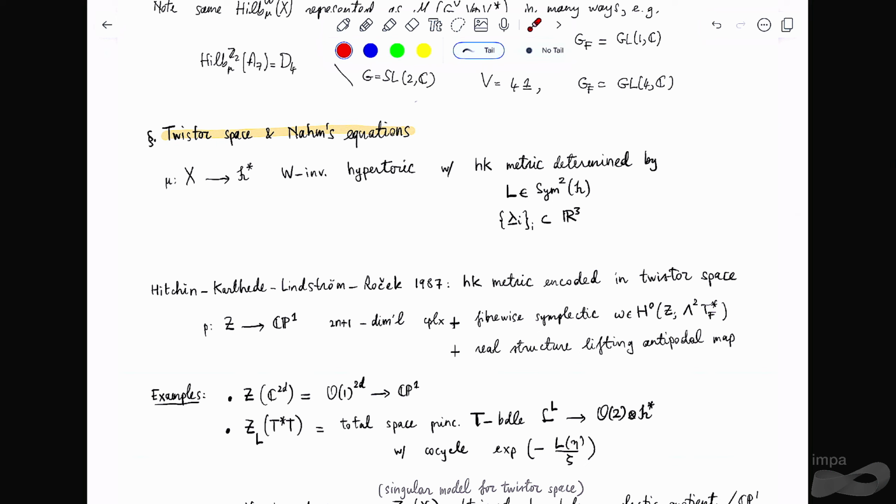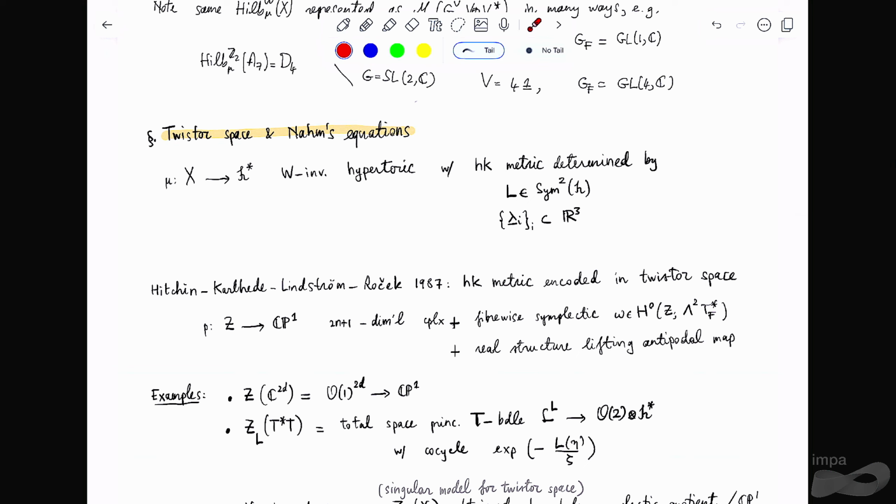The twistor construction of Hyper-Kähler metrics by Hitchin, Karlhede, Lindström, and Roček back in the 80s says that we can encode a Hyper-Kähler metric into complex geometric data.